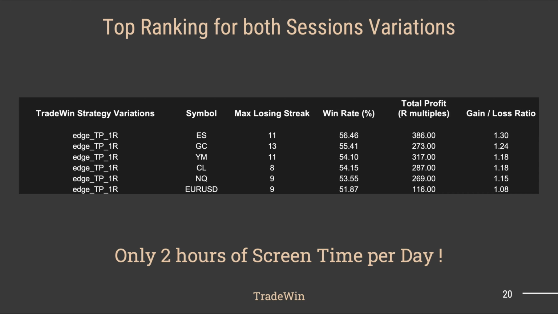Here are the results, and we see that the best strategy among all here corresponds to the symbol ES, S&P 500 futures, with a win rate around 56%, a gain-loss ratio of 1.30, and a total profit of 386 R. Okay?